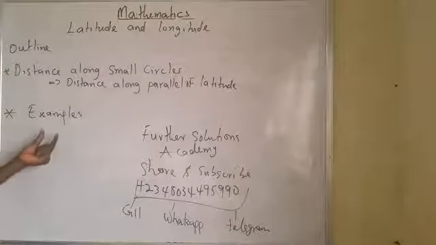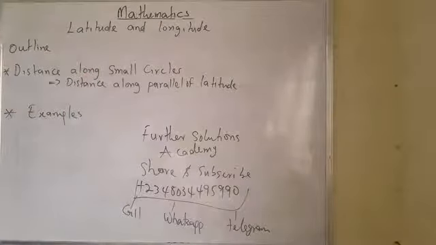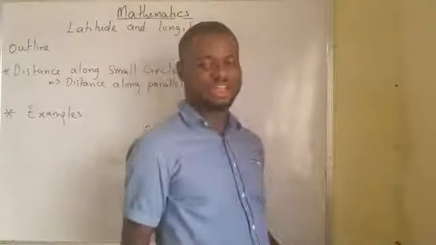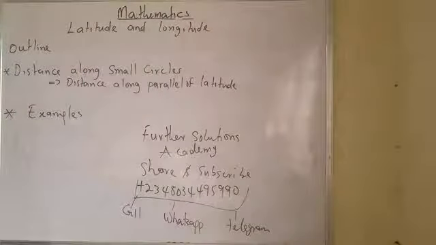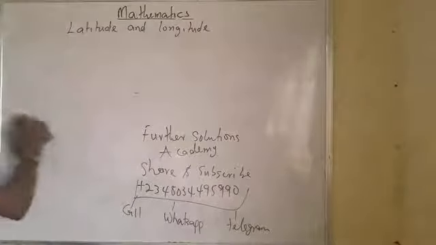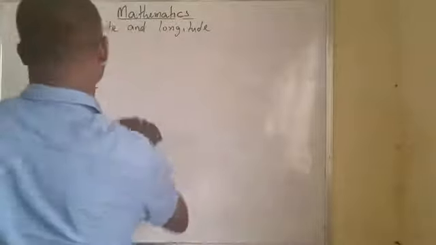And secondly, an example on it. By the end of this, you will understand this very, very well. Now, let me try to put one or two laws so that you'll be able to be guided in solving some problems on latitude and longitude.